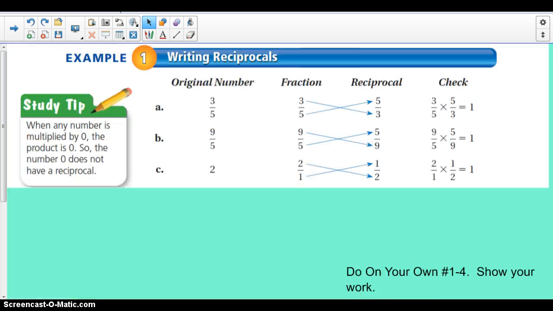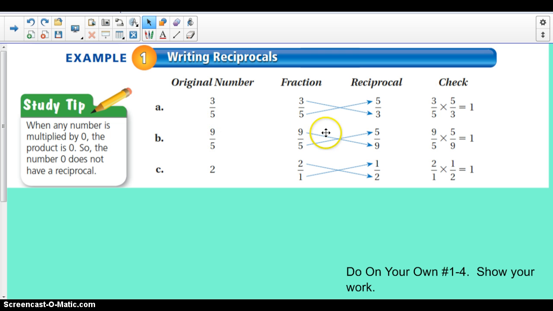You're actually doing that here. You're taking 3/5, flipping it to 5/3. So now you have 3/5 times 5/3, and that should equal 1. 3 times 5 is 15. 5 times 3 is 15. So all we're doing in example 1 is taking the fraction, doing the reciprocal, and then actually multiplying out the original fraction and its reciprocal, and you should always come up with 1.